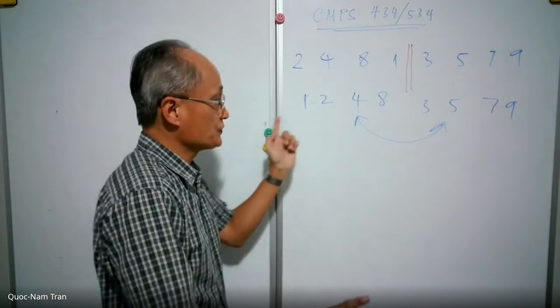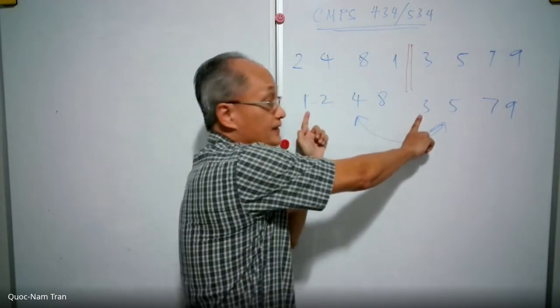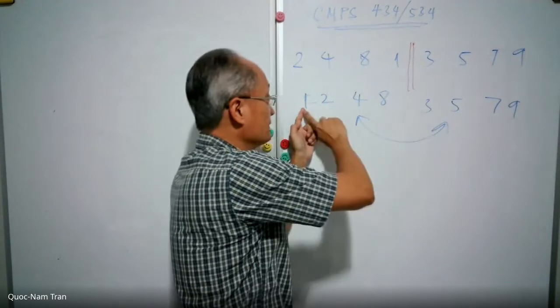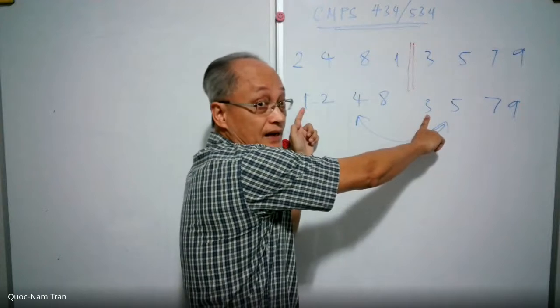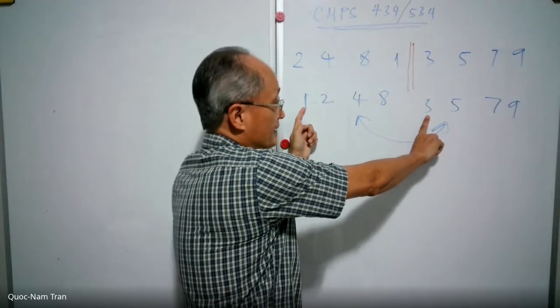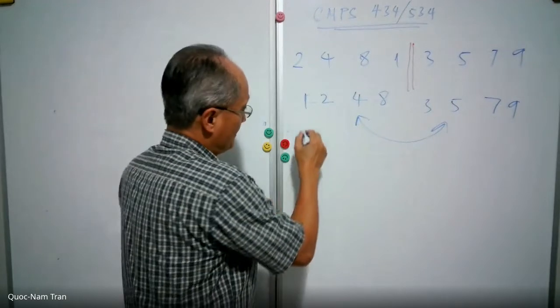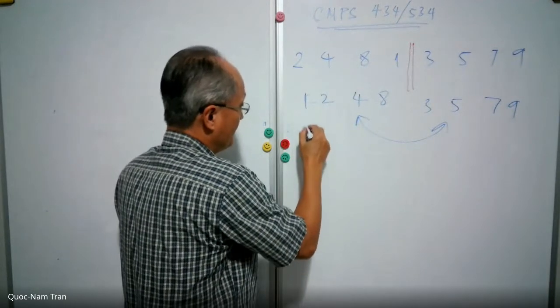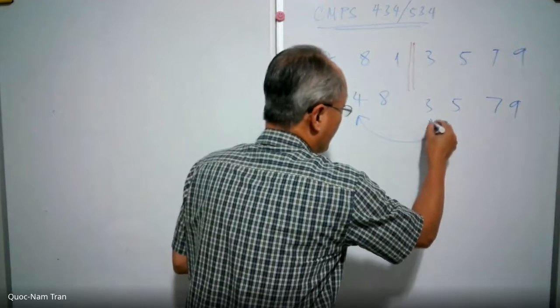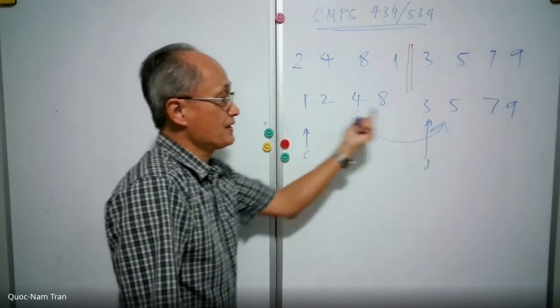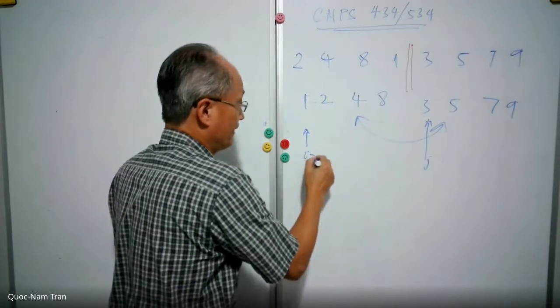Basically, I will use two pointers, pointing at the beginning index of the left and the right sub-halves. So I have I and J here. Starting from the first element, meaning at the beginning it is 1.